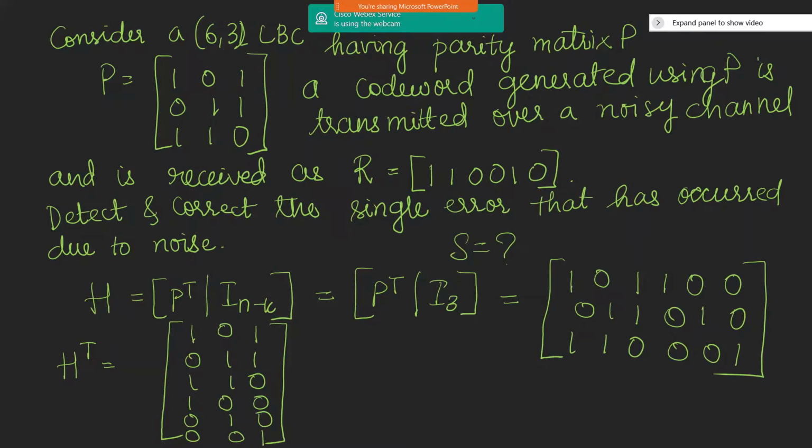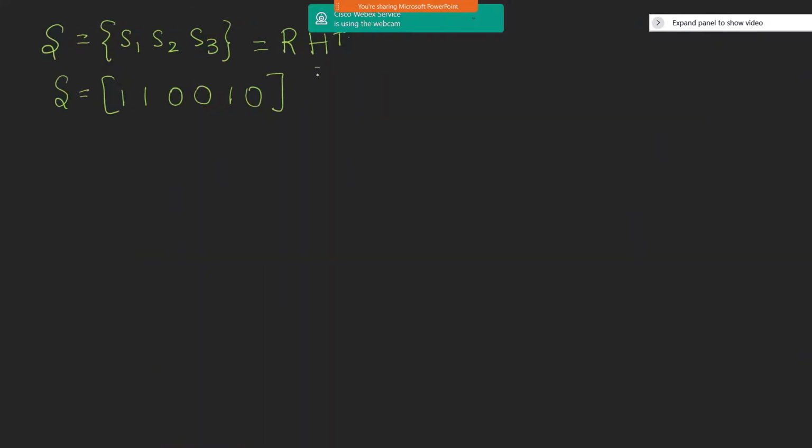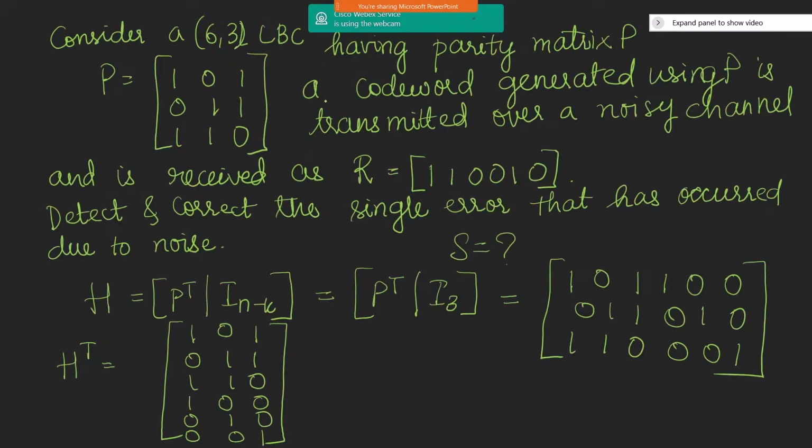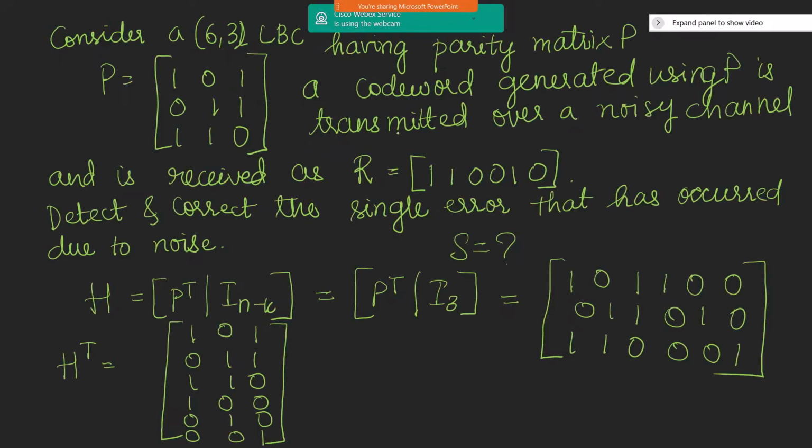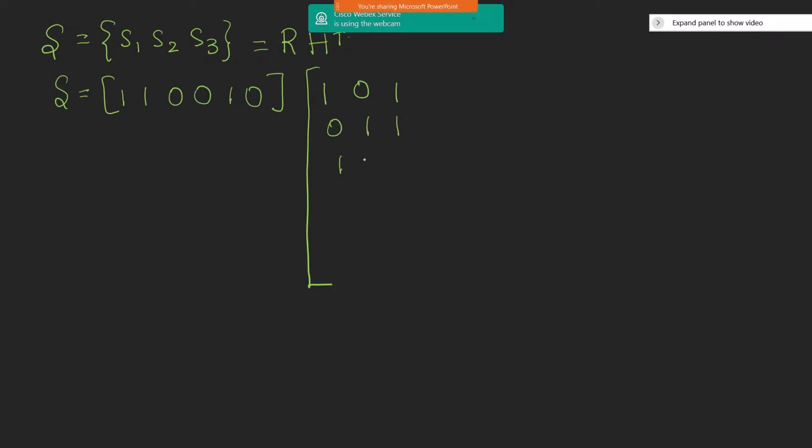The transpose of the parity check matrix is 1 0 1 0 1 1 1 1 0 1 0 0 0 1 0 0 0 1. So this is the transpose of the parity check matrix. You can calculate the syndrome here.